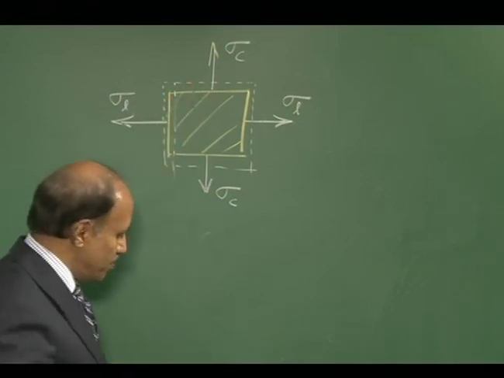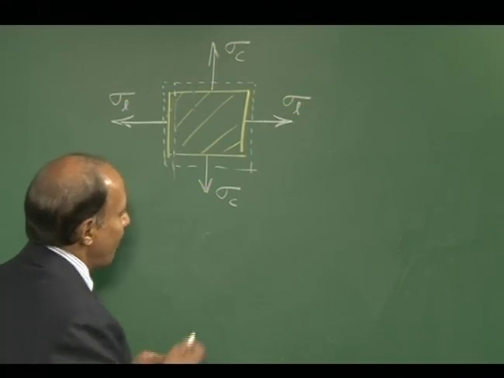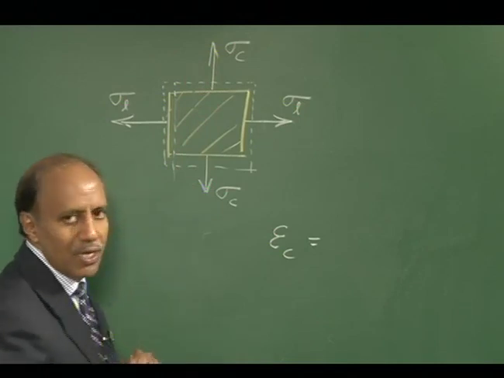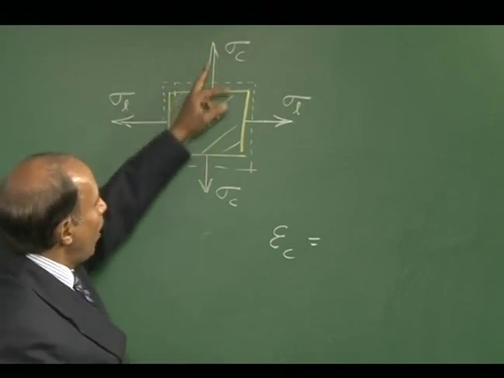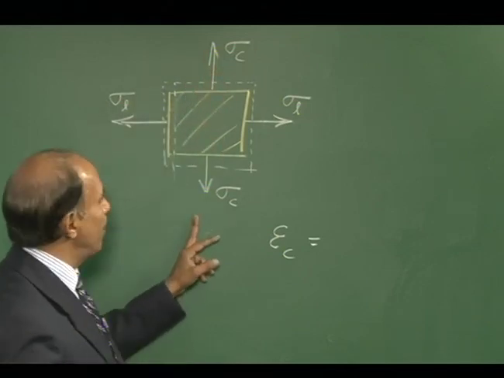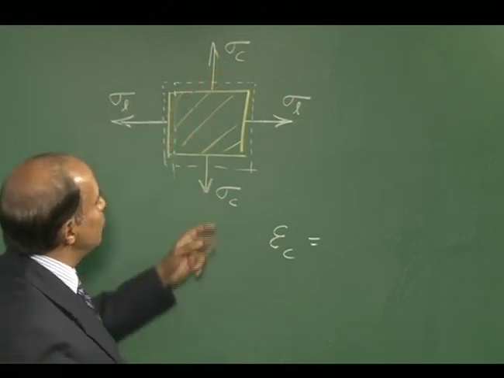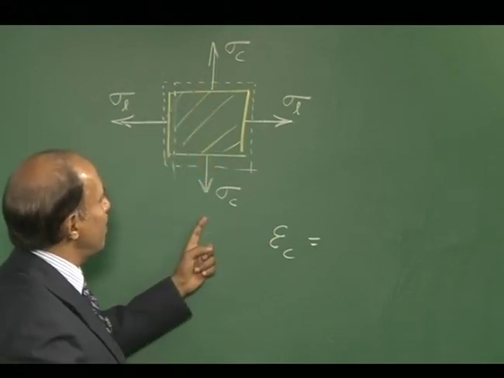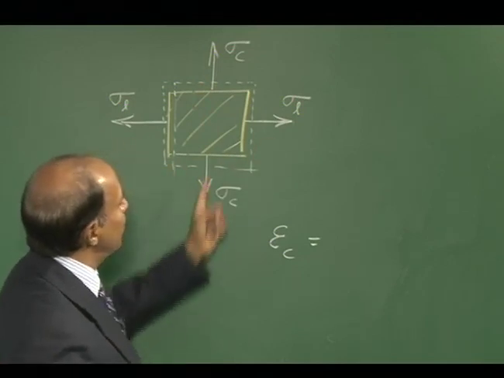Now I think this has been clearly explained. So we calculate the strain in this direction. The first component is the strain due to the axial stress acting in the same direction, then minus the strain due to the stress acting in the direction perpendicular to this direction.